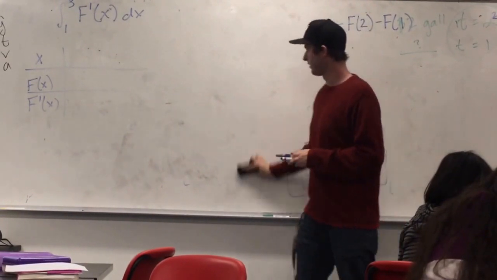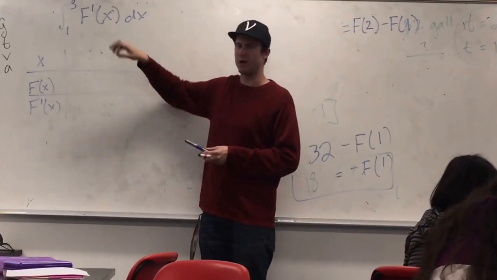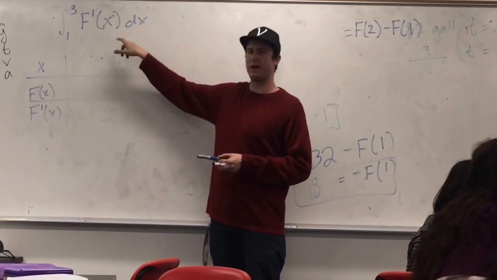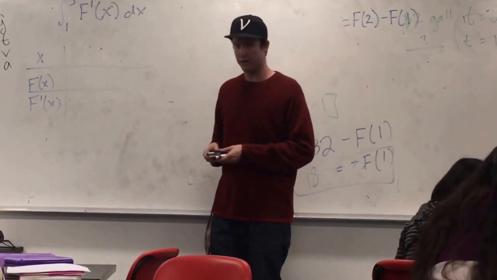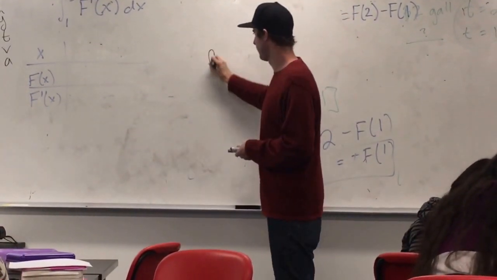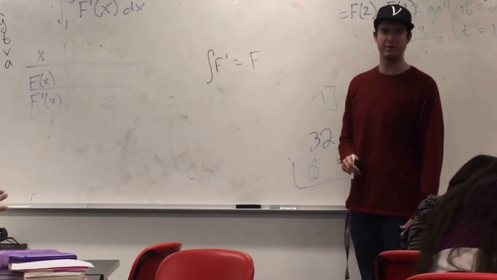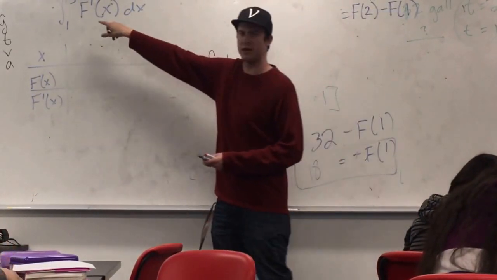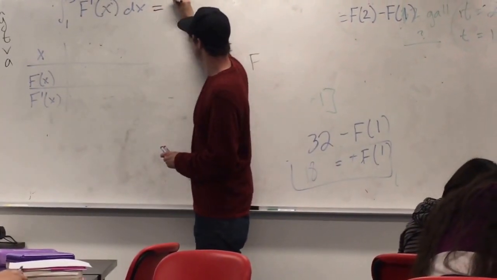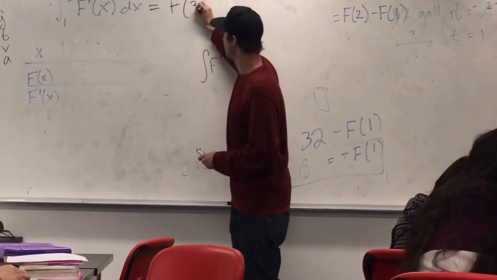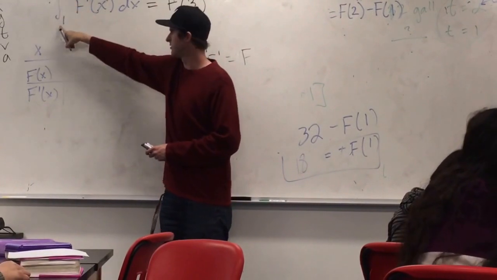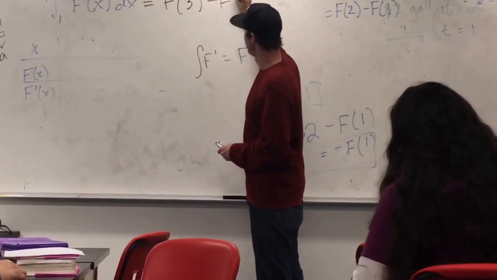It's the integral of an f prime. What is the integral of f prime? F. And the fundamental theorem of calculus tells us when we have these endpoints, it's going to be equal to f of 3 minus f of 1.